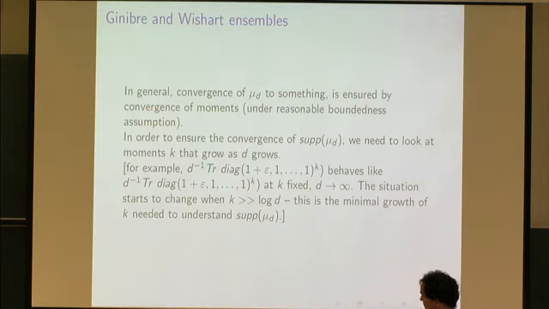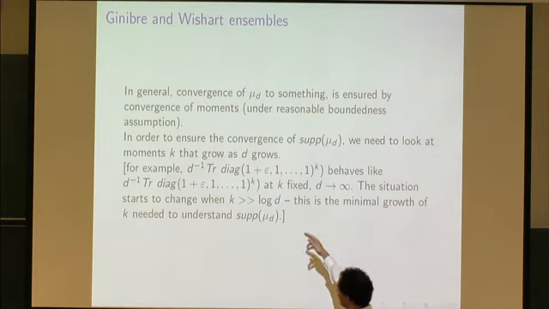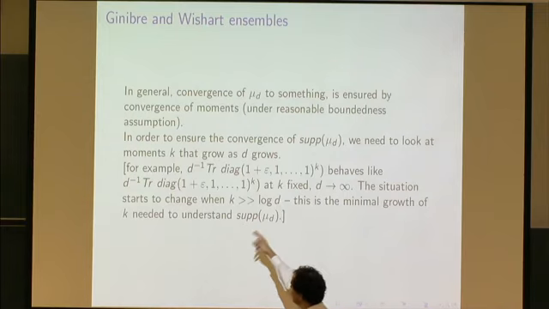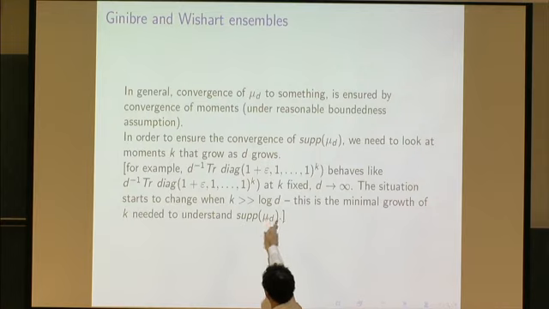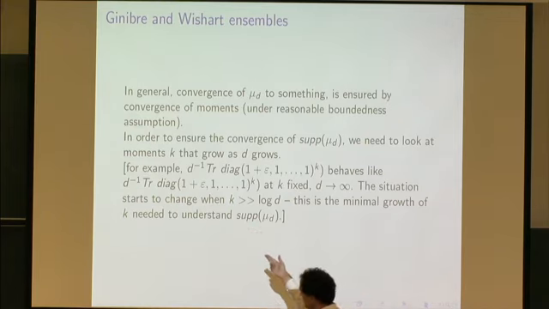If I fix k, if I put, let's say, an epsilon prime, the second epsilon, to be 0, if I fix k and let d go to infinity, the behavior is the same, and this is perfectly coherent. It just says that the moments cannot tell what happens with just one eigenvalue. However, if k becomes big, the threshold I think is logarithm of d, then I will have this 1 plus epsilon to the k, which will not be absorbed anymore by this 1 over d.